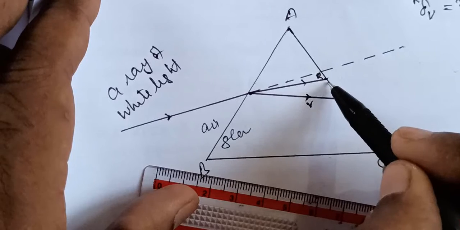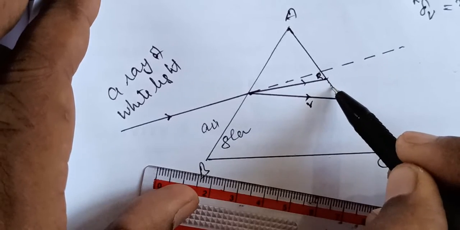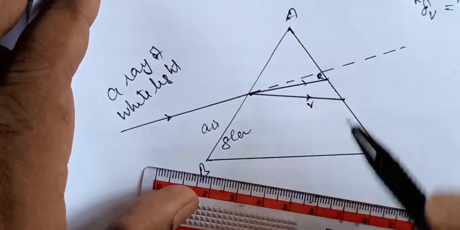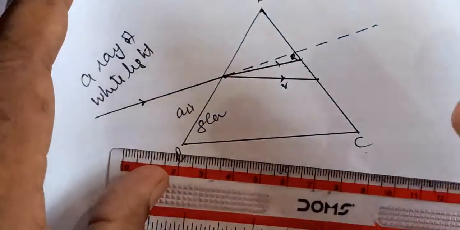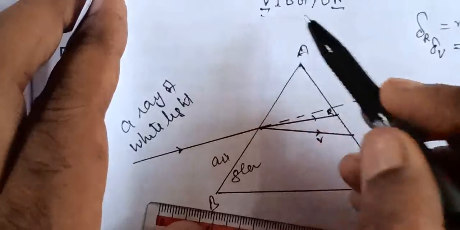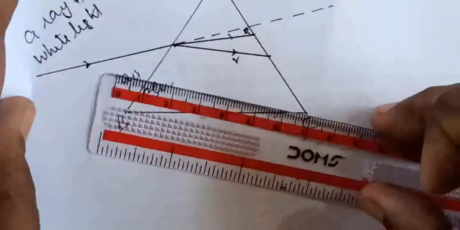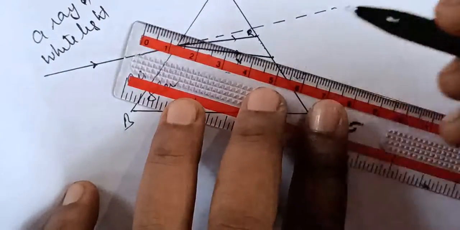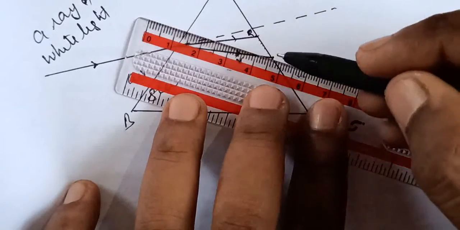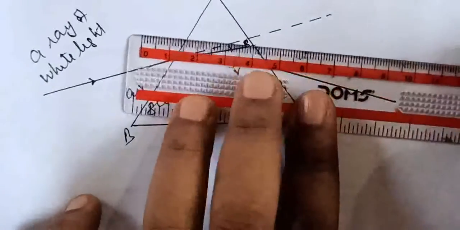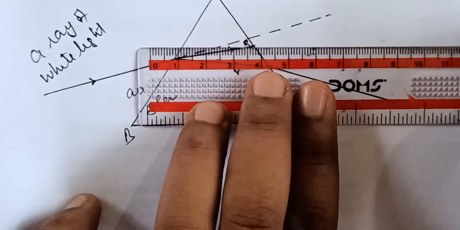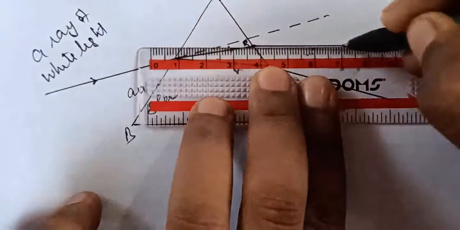After red, here it will be orange, then yellow, then green, then blue, then indigo, then finally violet. They are present inside. We are showing the extreme colors only, violet and red. Then again here simple dispersion takes place, and the separation between violet and red further increases.